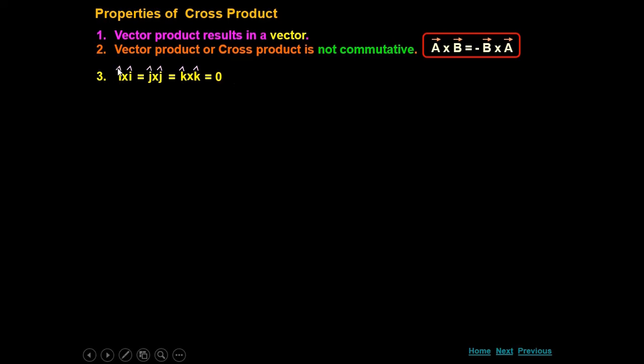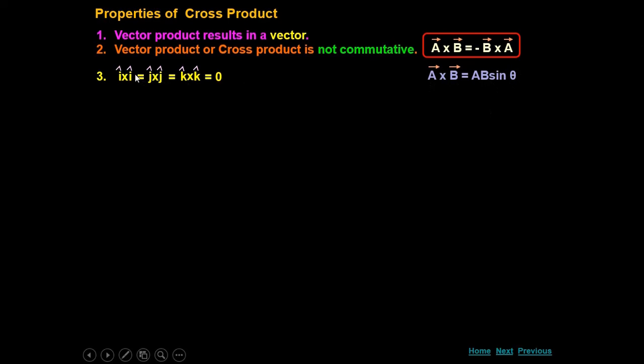Both are in the same direction. Then a cross b equals ab sin theta. If you apply this formula, i cap cross i cap equals 1 into sine 0, because theta is 0.